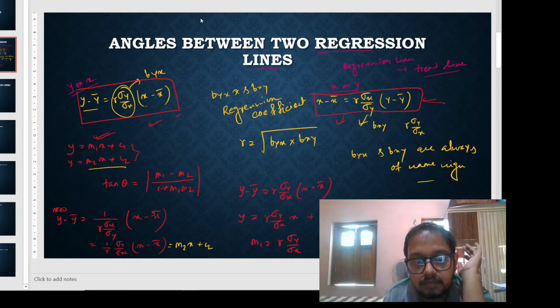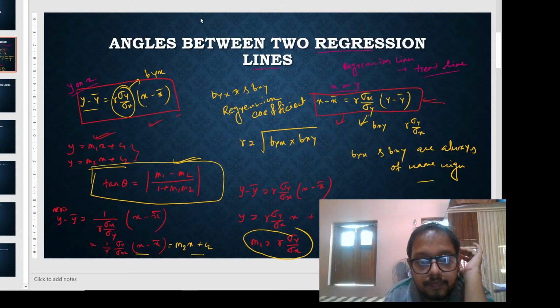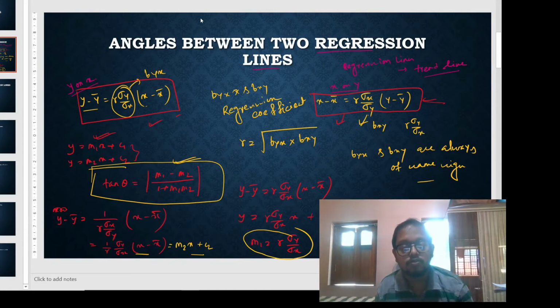Here m2 is equal to 1 by r sigma y by sigma x. Now we just have to put this value of m2 and this value of m1 into the equation, and then we can find the angle between the two regression lines.